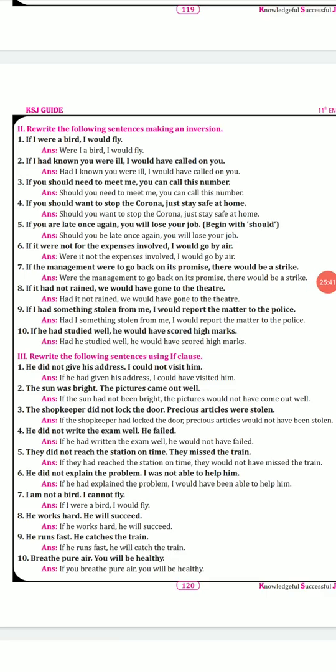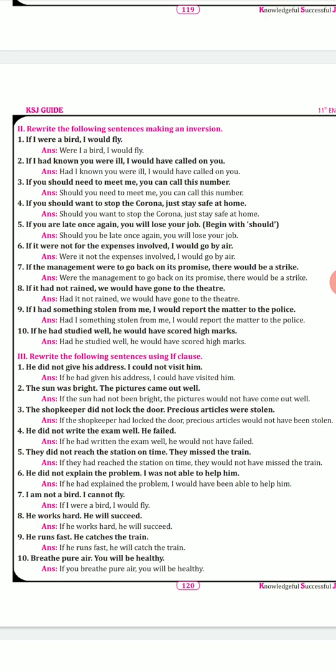So another form of conditional clause exercise: rewrite the following sentences making an inversion. So they are given, if I were a bird I would fly. So this is a conditional clause sentence, and it should be modified without using if.